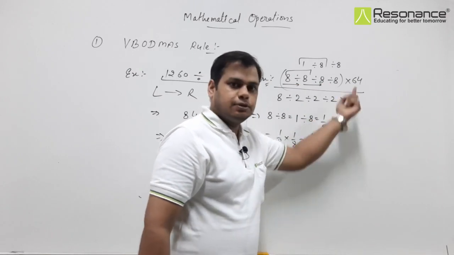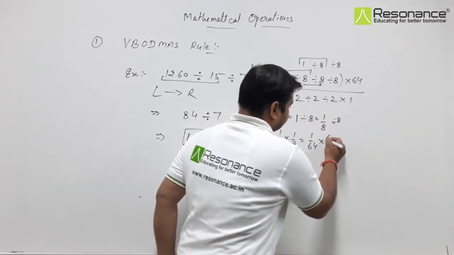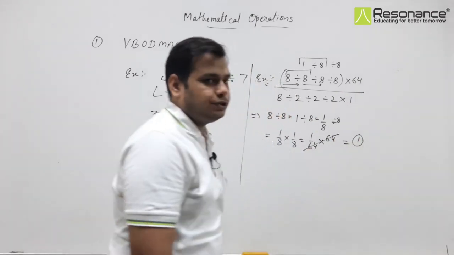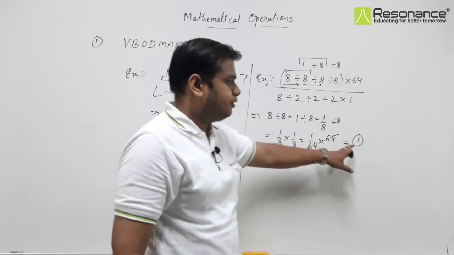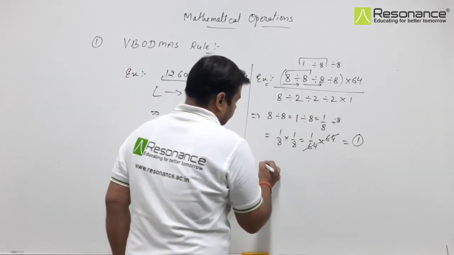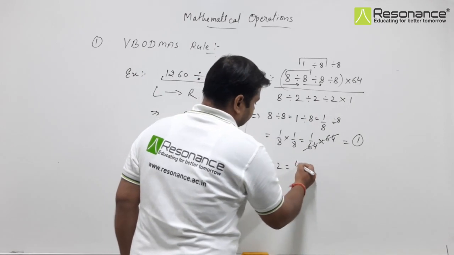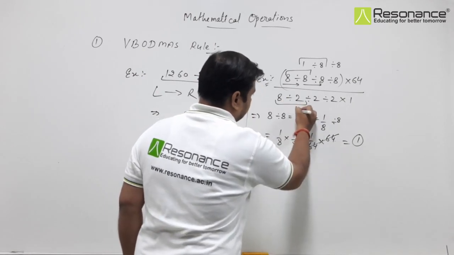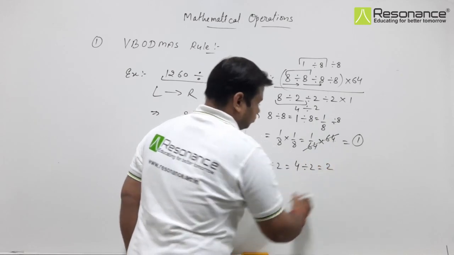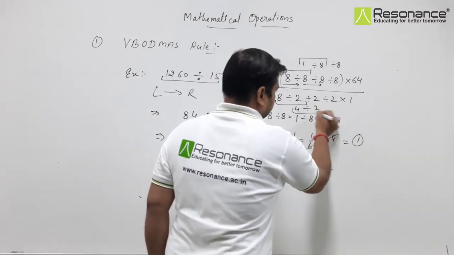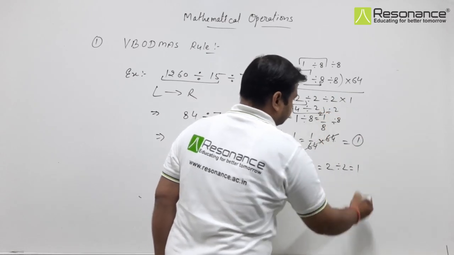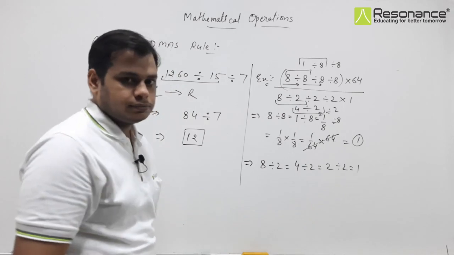Now it's 64 in multiplication. So when we solve this, we'll get 1 as numerator. Now we have to solve denominator. 8 divided by 2 will give us 4. Now 4 divided by 2 will give us 2. Then 2 divided by 2 will give us 1.